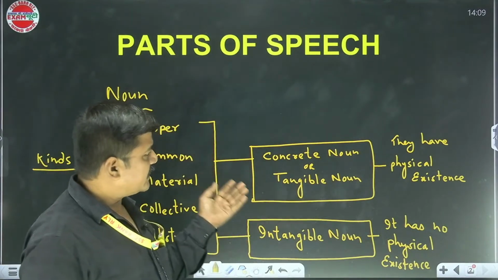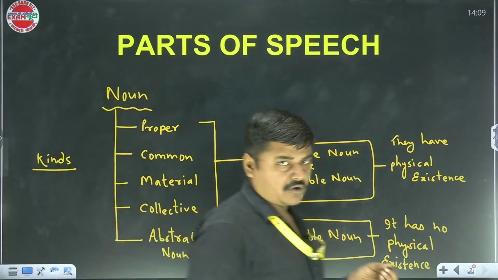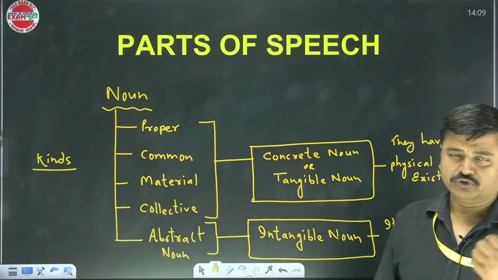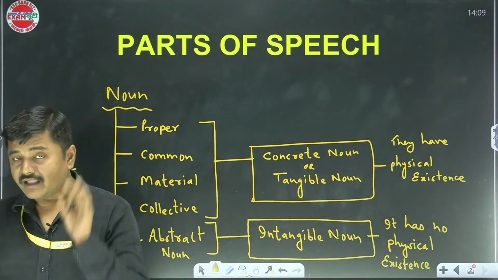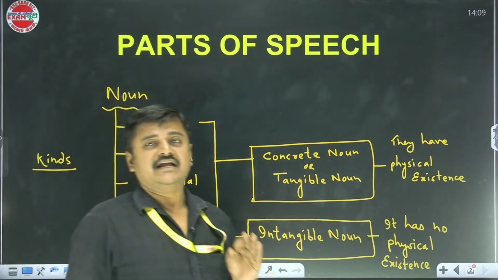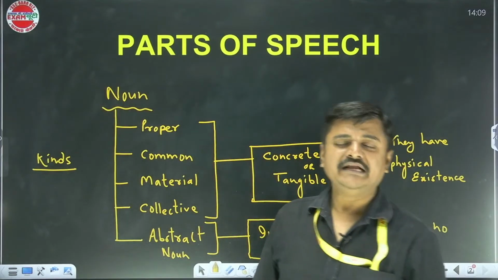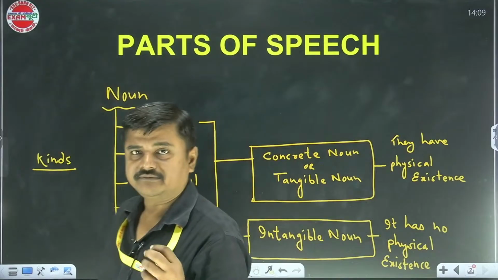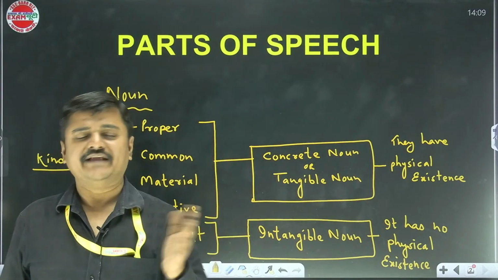The first category is known as concrete and tangible. Concrete or tangible, both are the same thing. And the second category, we know as abstract or intangible. You may call it intangible or abstract. Both are the same.